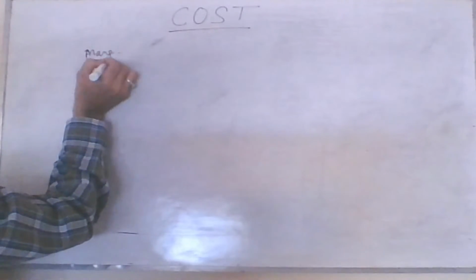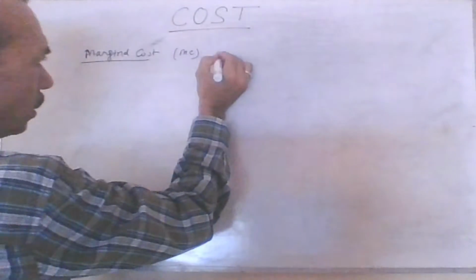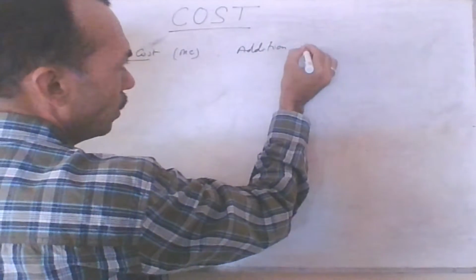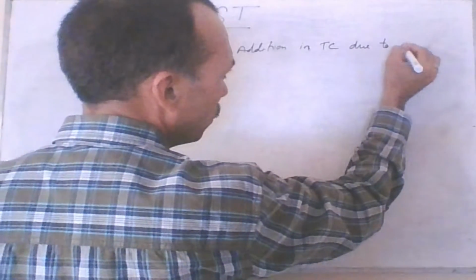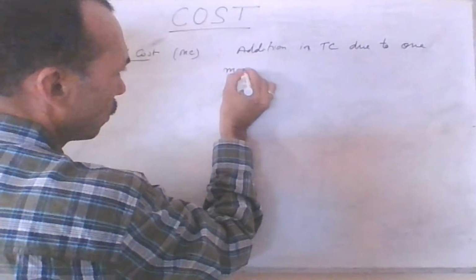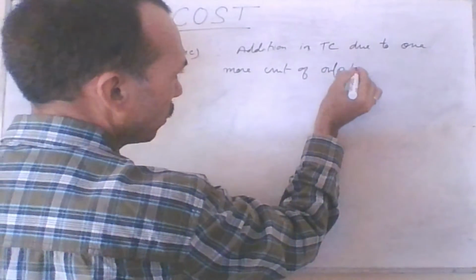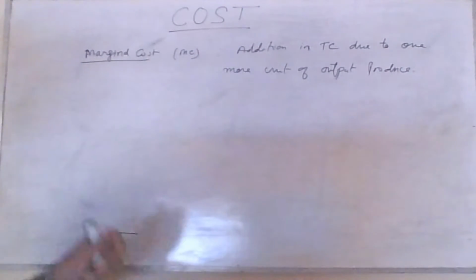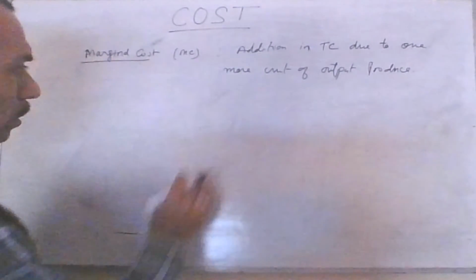So marginal cost, or MC, is the addition in total cost due to one more unit of output produced. This is MC, marginal cost, simply the addition in total cost due to one more unit of output produced. So how to calculate MC?